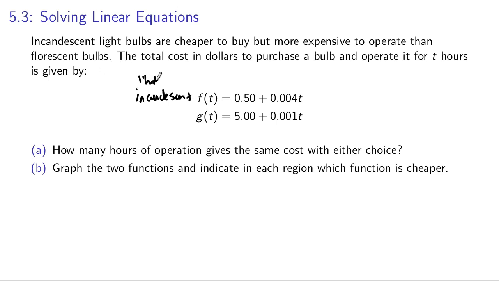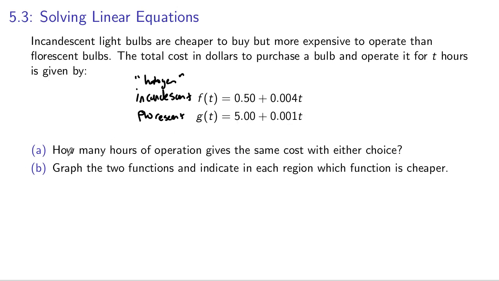They're just incandescents with halogen gas, which makes them a little more efficient and a little more expensive than the old incandescents. And G is for fluorescent bulbs. Now we have a third category of bulbs that are common, which is LED. This problem predates that. Fluorescent bulbs are cheaper to operate, the slope is lower, but they're more expensive to purchase.